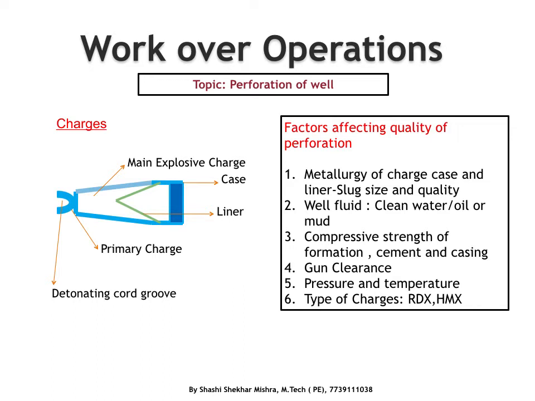The deformation of the liner causes the jetting effect with the slug, and this jet produces a speed of 2000 feet per second at a pressure of 5 million psi, which is enough to make a hole in the casing and the tunnels in the perforation through the cement.